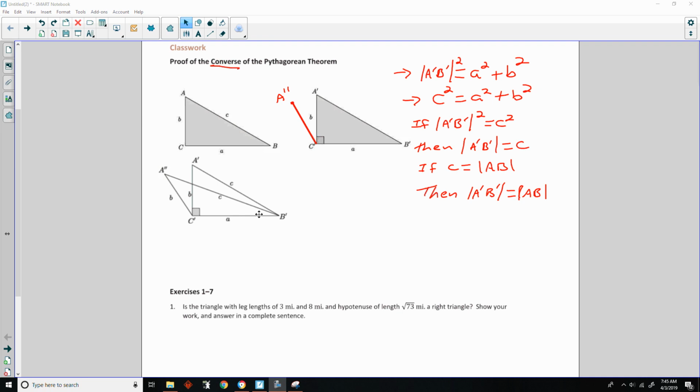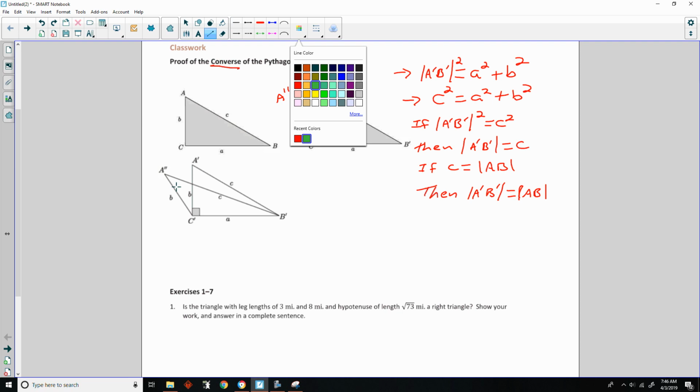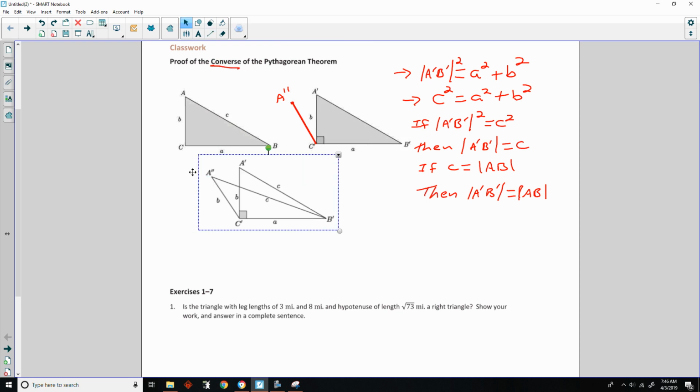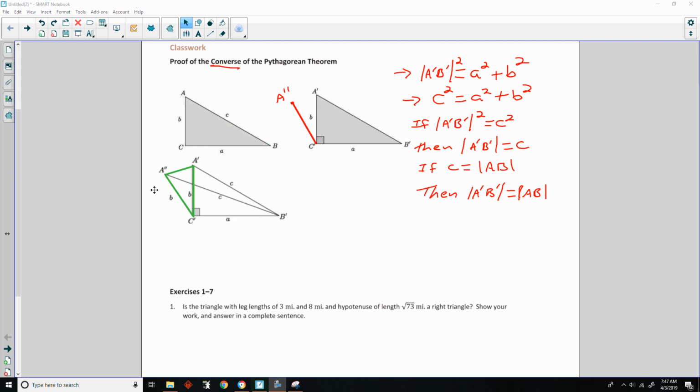Okay. So notice that there's two isosceles triangles in this diagram. And I'm going to draw them so you can see them. I'll make one green. So there is an isosceles triangle, A double prime, C prime, A prime. Oops. Okay, so here's A double prime, C prime, A prime, isosceles triangle. There's one.